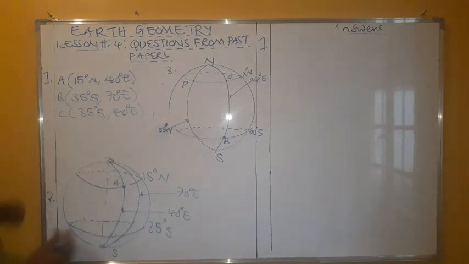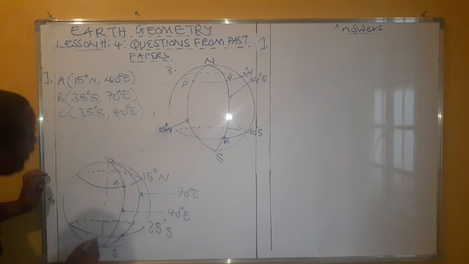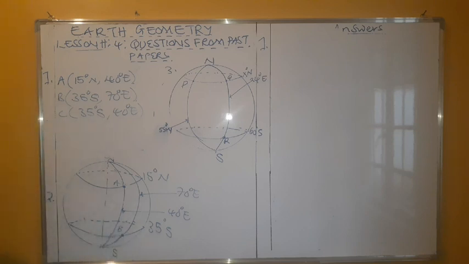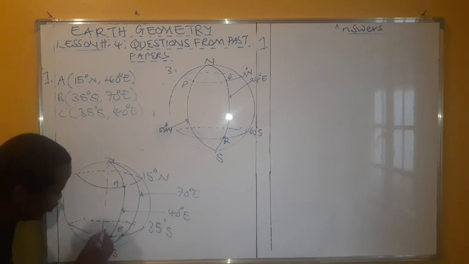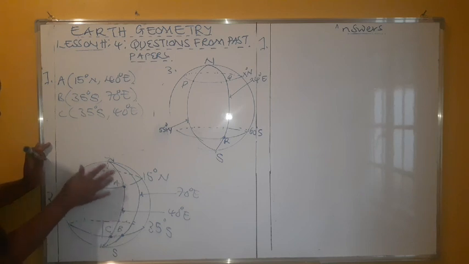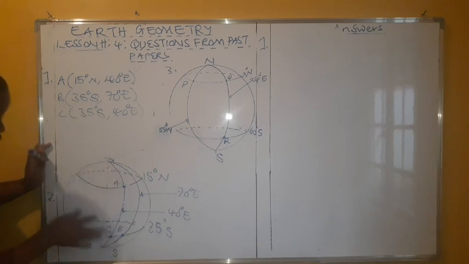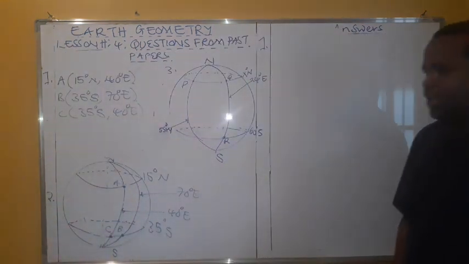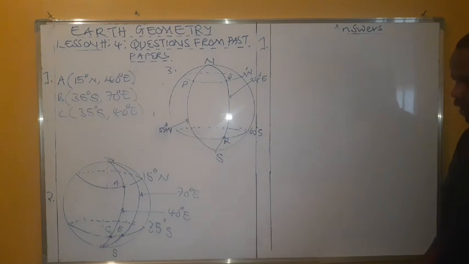We can call it point B. Then C, the same latitude, but the longitude is 40. So this line we can remove, we're just using it to illustrate. That's how those points appear on the surface of the Earth or on that model.